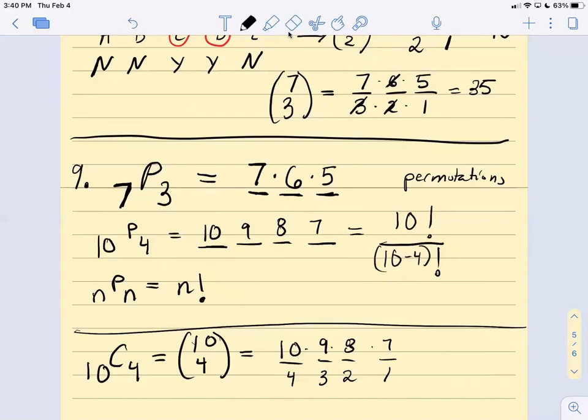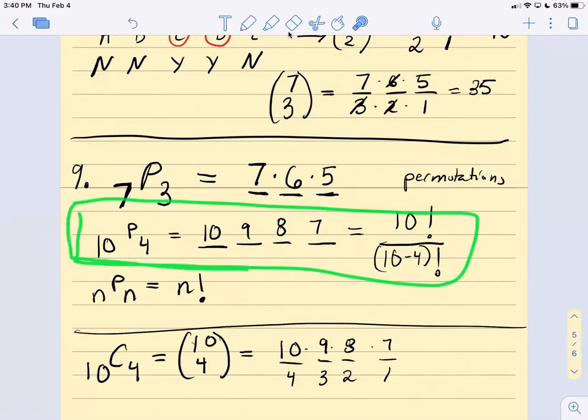Essentially you're going down 4 spots, which is equivalent to taking 10 factorial and canceling out the 6 numbers 6, 5, 4, 3, 2, 1. That leaves you with the 4 numbers counting down from 10. This is really important to understand for this problem. Do you agree that 10P4 is the same as 10 factorial over 6 factorial?